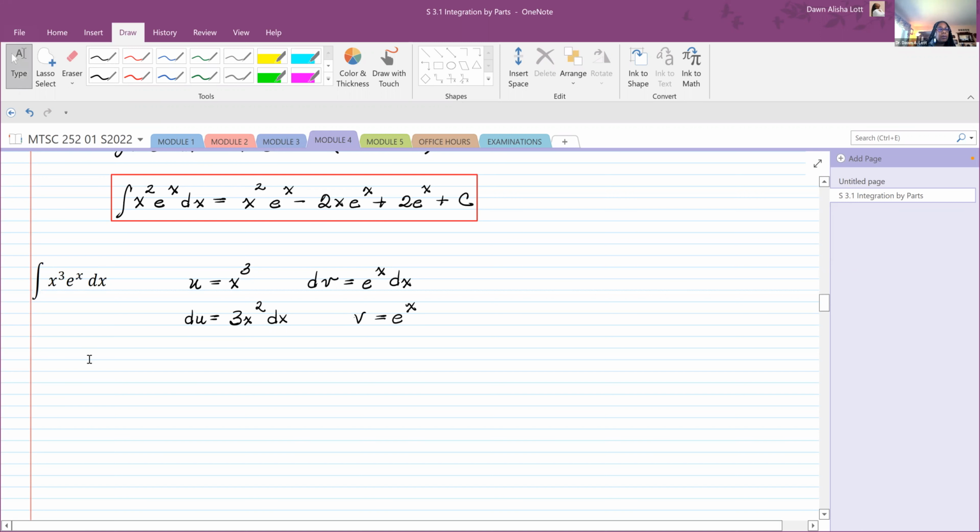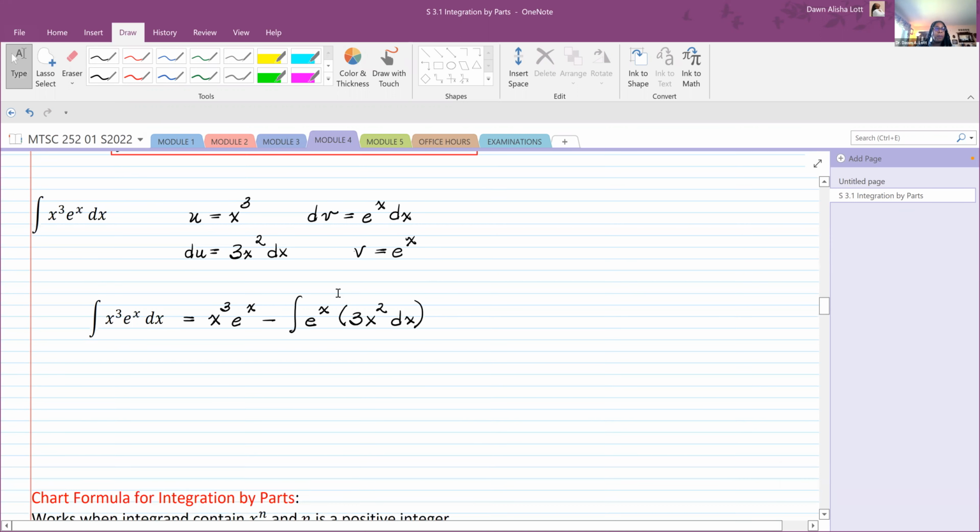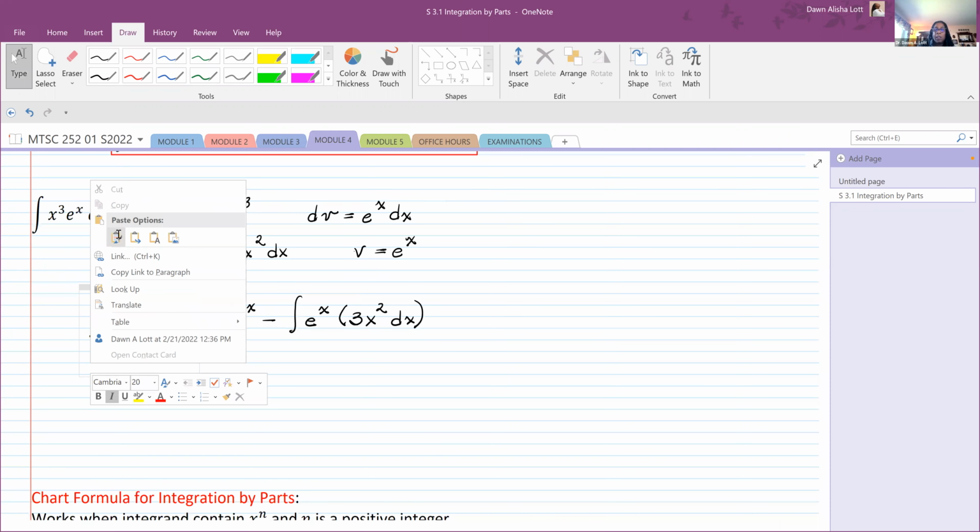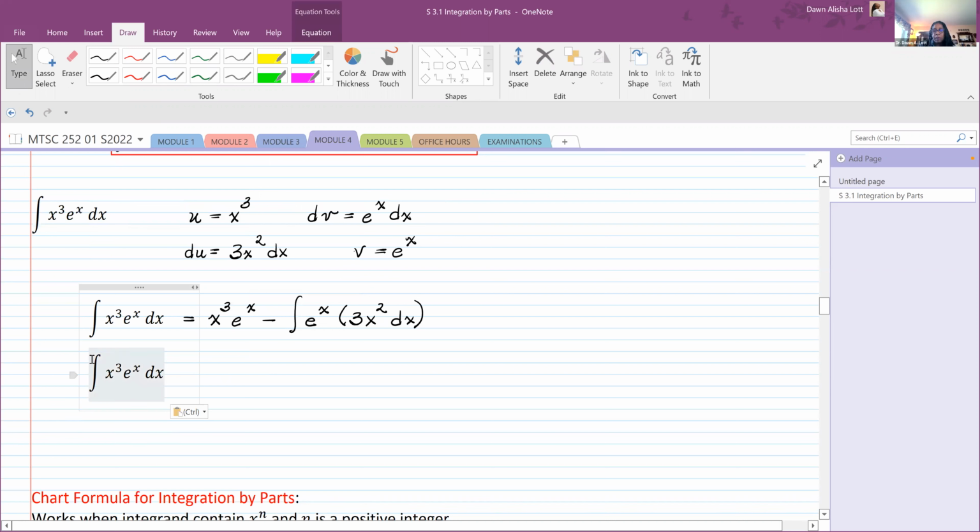So now when I go to do this problem, I'm going to get this equals u times v, which is x cubed e to the x, minus the integral of v, which is e to the x, du, which is 3x squared dx. Oh my gosh, this just goes on forever. At least it feels like it does.